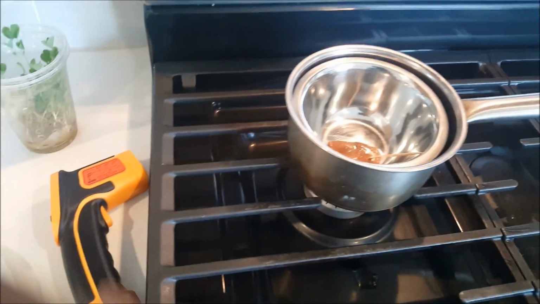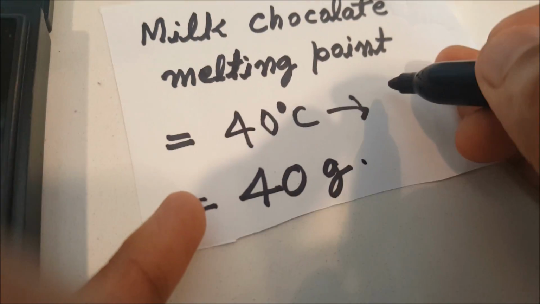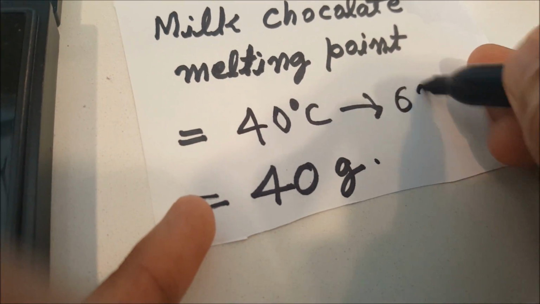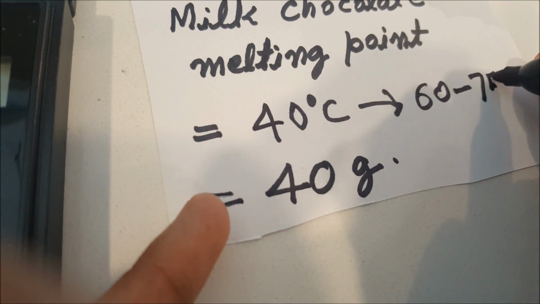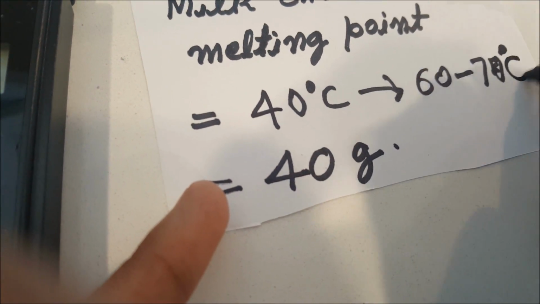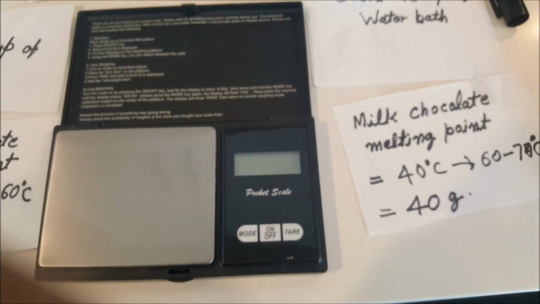Okay, so this was the second experiment. We'll note down. So probably it starts from 60 and then it melted somewhere between 60 and 70 degrees Celsius, and it maintained its texture.